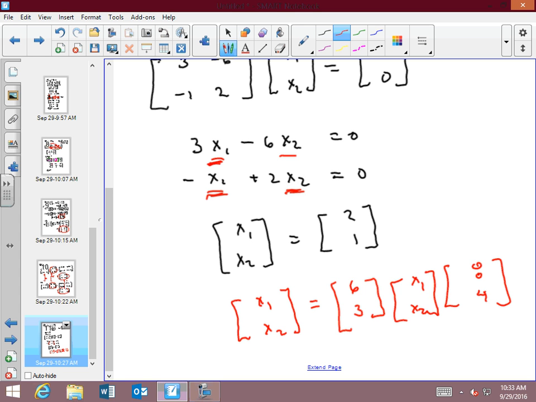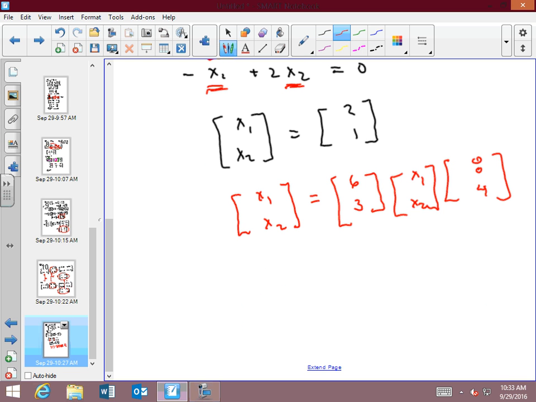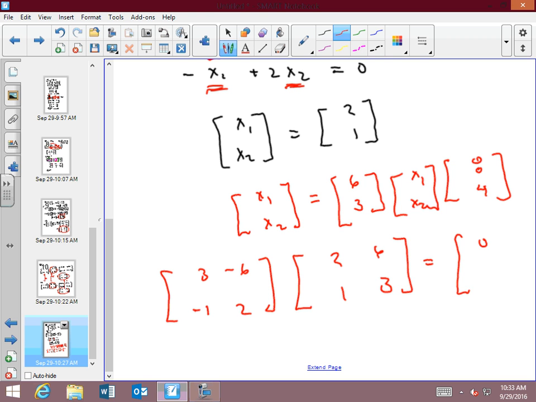And so the conclusion is that if you take this matrix 3, minus 6 and minus 1, 2, you multiply it by a matrix 2, 1, and 6, 3, that's one possibility that'll get you a 0, 0, 0, 0.